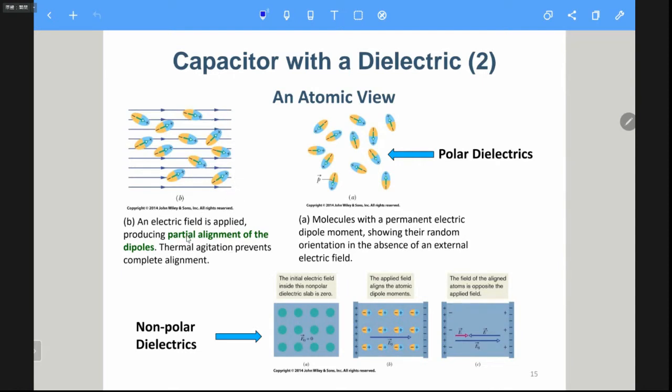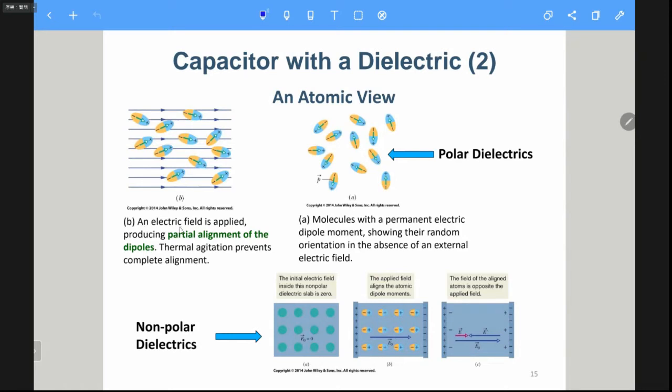So here, a dielectric is something like there are many electric dipoles in the material.